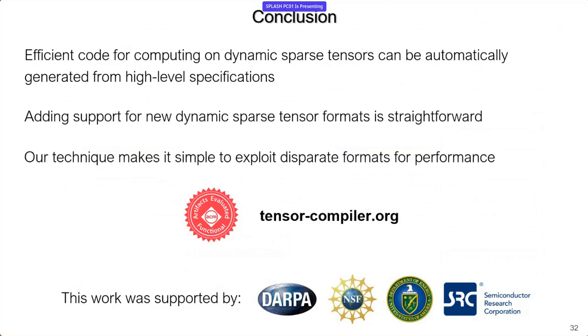Our techniques make it simple to exploit these different formats, and we can combine different formats in a complex expression. Some could be dense, some sparse, some array-based sparse, or many different pointer-based structures in a single expression, and we generate all that code automatically. And we get pretty good performance.